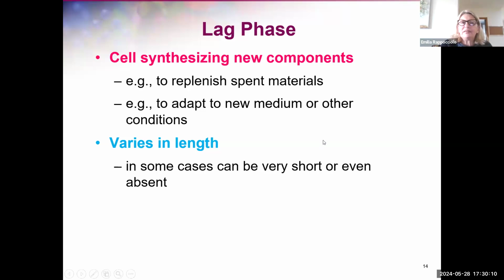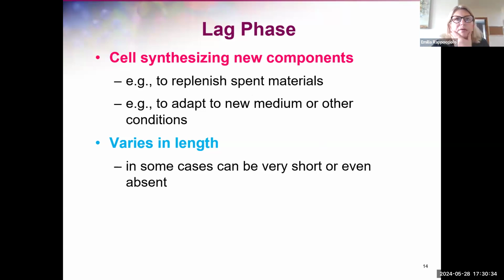The cell is synthesizing new components. It needs to build new material, adapt maybe to a new medium. If I am doing this in the laboratory and I'm growing the cell with one type of sugar, and then I change the sugar, maybe it needs to start producing the enzymes specific for that sugar.